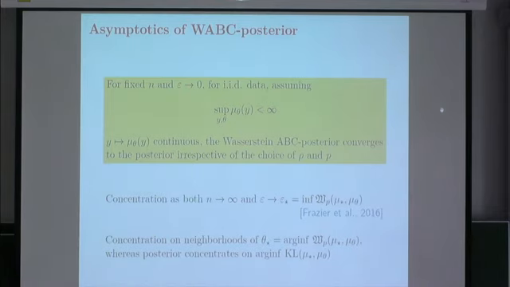Now, if you push epsilon to 0 and n to infinity, you cannot, if the model is not correct. Using techniques that we used in the previous paper, you can push epsilon to epsilon star, and then you get the expected concentration of the estimated parameter on the pseudo-true value, that is the value of the parameter that minimizes the distance to the true distribution.